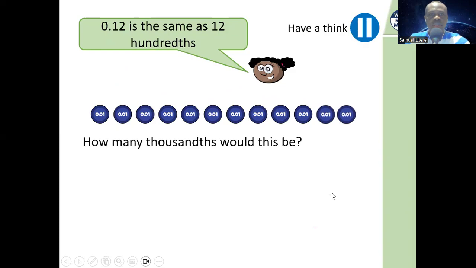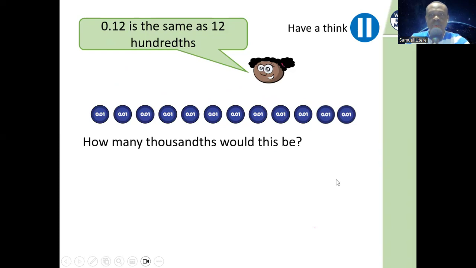How many thousandths would this be? Think about it. How many thousandths will these 12 hundredths be? Okay, if you remember at the very start, we said you can represent 1 hundredth with 10 thousandths.